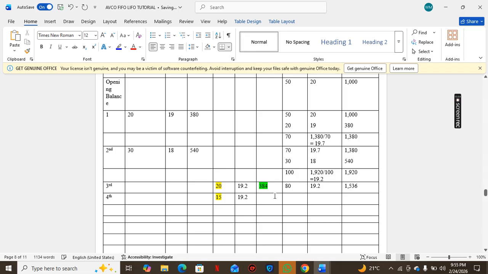So 15 times 19.2, that's 288. So we had 80 units. We've issued out 15. So now we remain with 80 minus 15, that is 65.